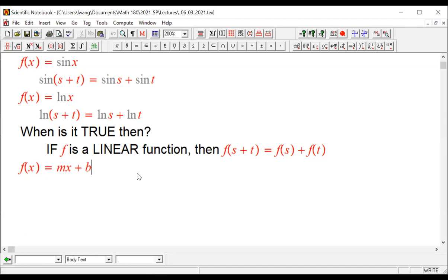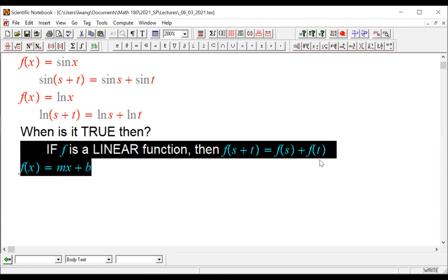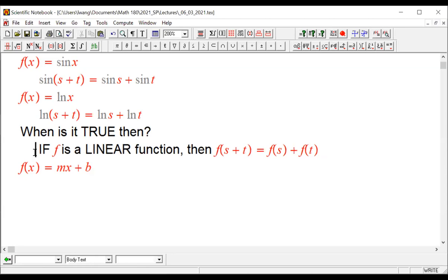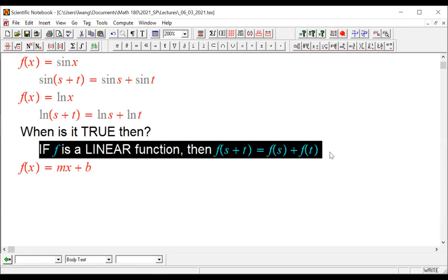And of course, if it's a constant function, it is also true. This statement can be modified, but the constant is already included, so I don't need to elaborate more. This is something you will most likely see in calculus class and in linear algebra class.